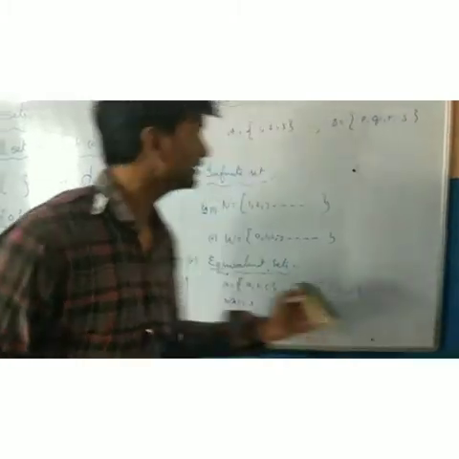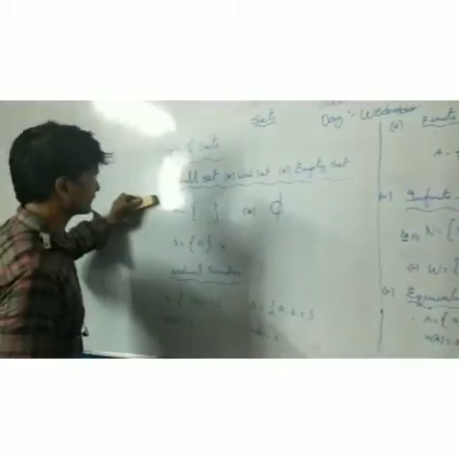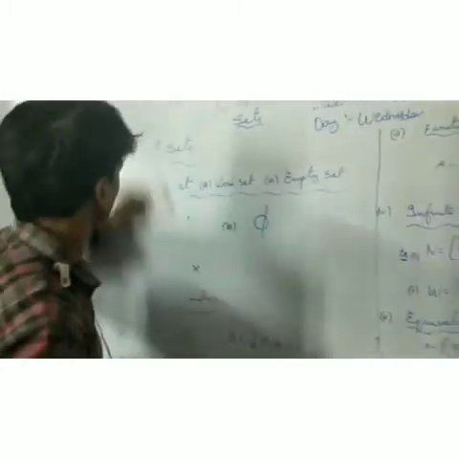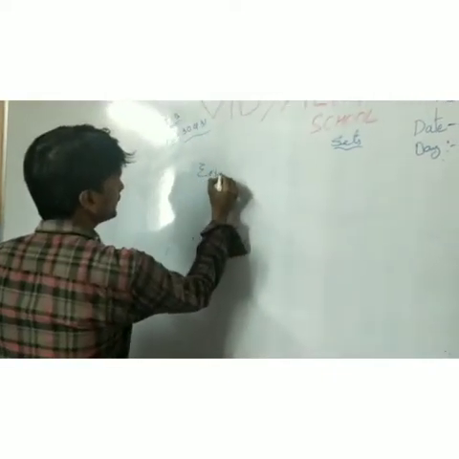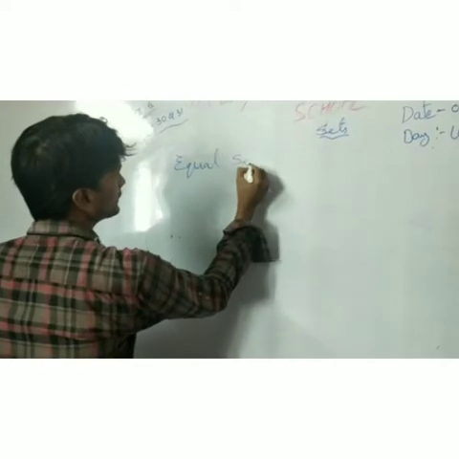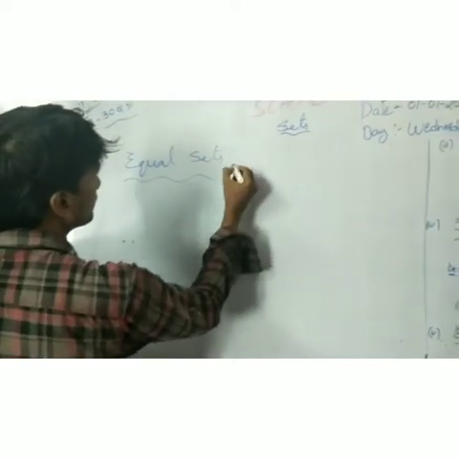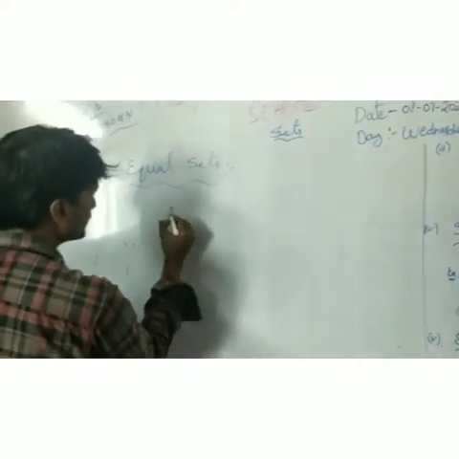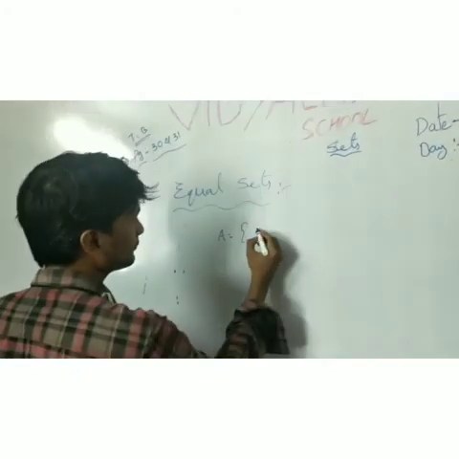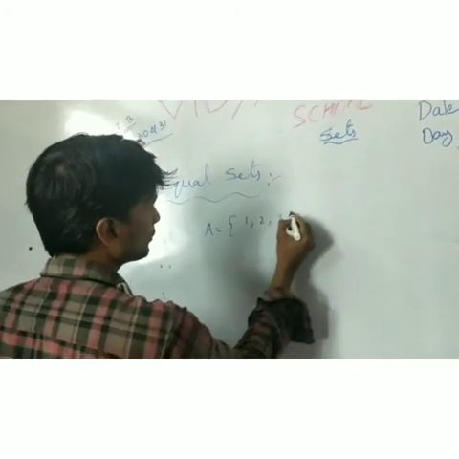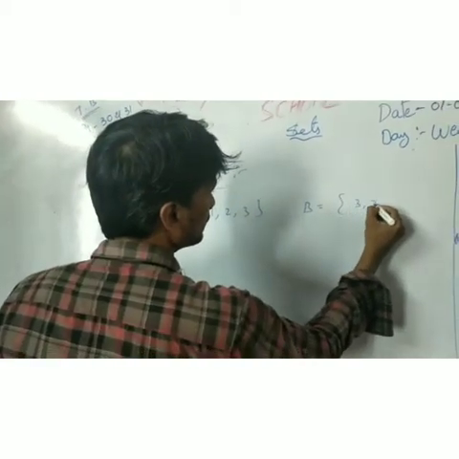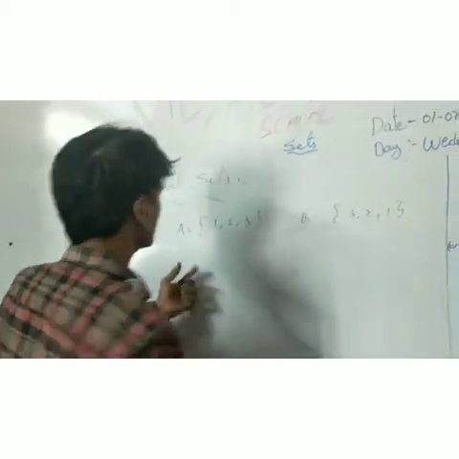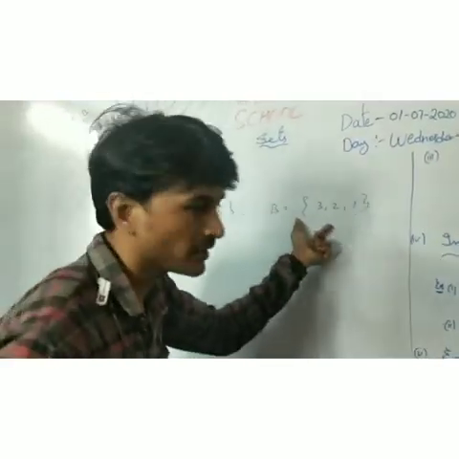Next one is equal sets. So what are equal sets? Equal sets means A equal to {1, 2, 3}, B equal to {3, 2, 1}. So this is a finite set, this is also a finite set.